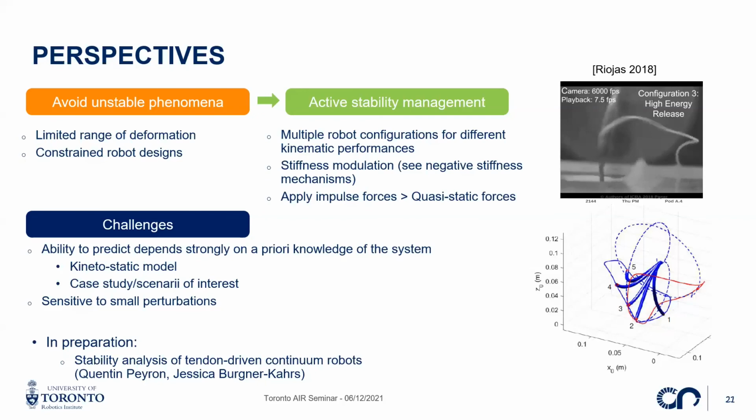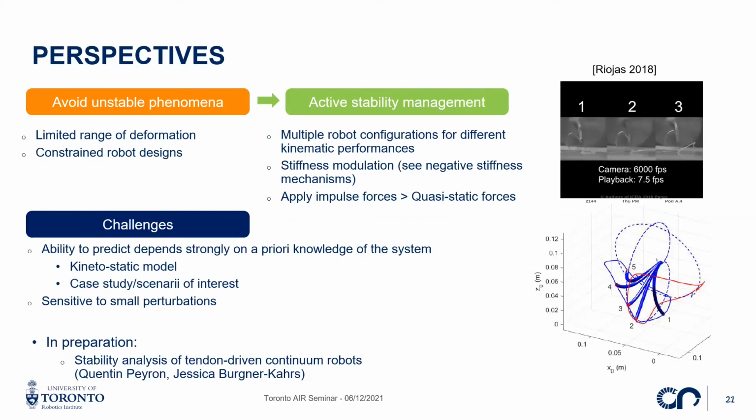And basically, I really like this work that you can see on the video here, where they try to use this snapping to actually perform suturing during a medical procedure. So they could generate forces that are enough to penetrate tissue. But if you do it in a quasi-static way, then you cannot penetrate the tissue, and it's the robot that will deform instead. So that's pretty cool.